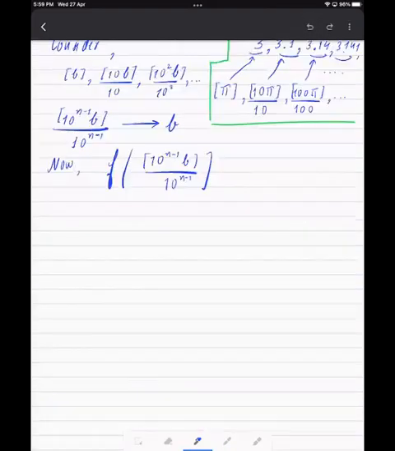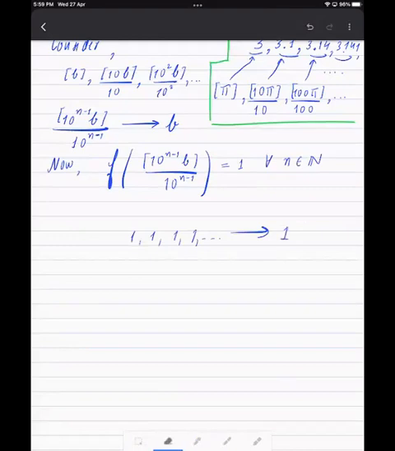There is a difference between convergence and equals to. This is actually equal to 1 for all n belonging to natural numbers. Every term of the sequence is 1, so the sequence is converging to 1.